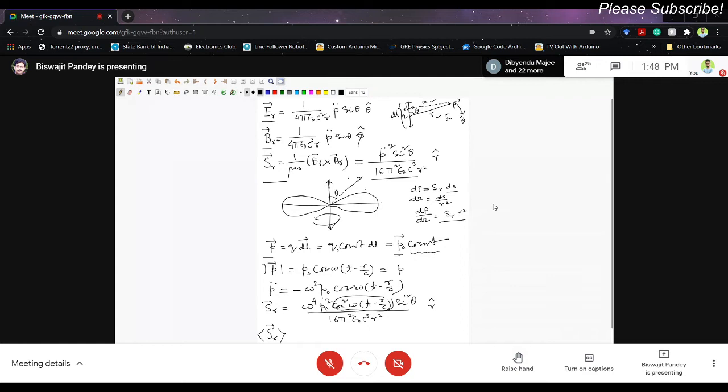So that will give you omega to the power 4 p0 square sine square theta divided by, with the half factor, 16 into 2 is 32 pi square epsilon 0 c cube r square. So this is the average Poynting vector, right?